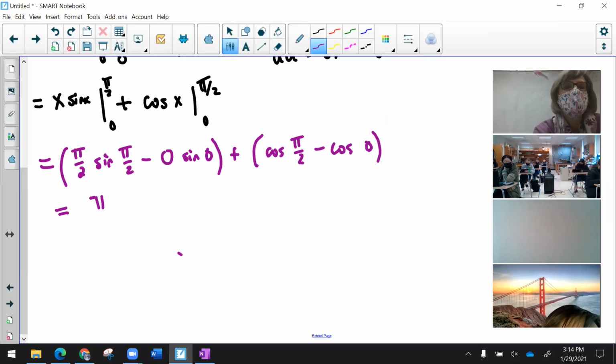Which leaves me with pi over 2 minus 1. Right? Sine of pi over 2 is 1, sine of 0 is 0, cosine of pi over 2 is 0, cosine of 0 is 1. Okay?